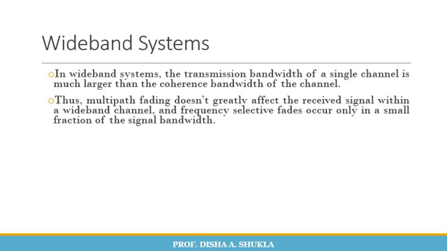Some communication links have such a high data rate that they are forced to use a wideband. Other links may have relatively low data rates but deliberately use a wider bandwidth than necessary for that data rate in order to gain other advantages like spread spectrum.